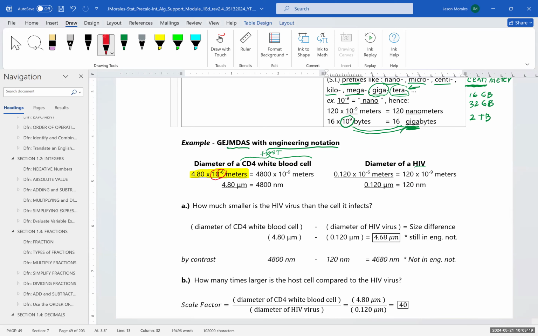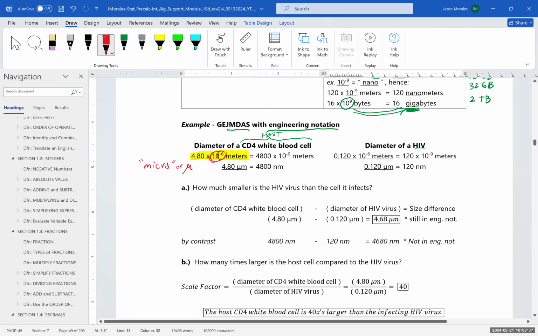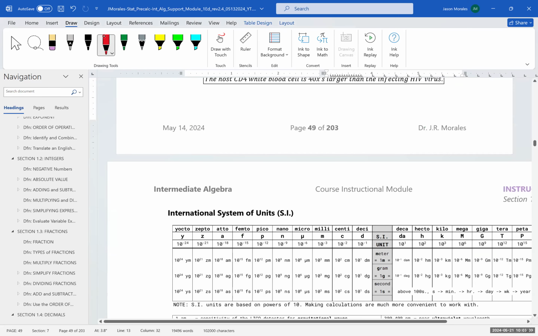And whenever we see 10 to the minus 6, we can exchange that 10 to the minus 6 with the word micro, or the symbol for micro, which is the Greek letter mu, right? And let me go to the next page to show you what I've included in your notes.